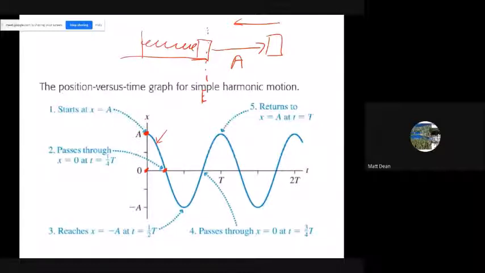So at this point, the box is back here. It's back at the equilibrium position. But remember, it doesn't stop because of its inertia. So it continues going this way. And as it goes, the spring is going to compress. And the restoring force is going to be pushing it back this way. The acceleration is going to be acting this way.